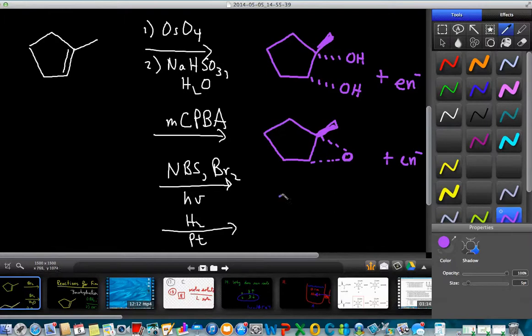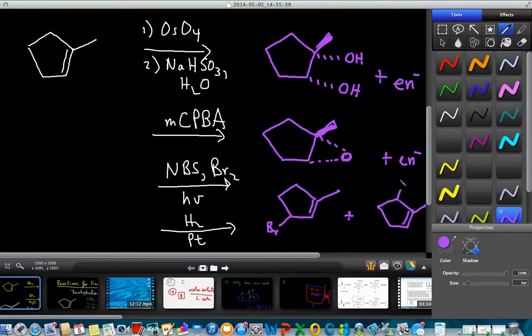With NBS, we will get allylic bromination, and we will get two distinct products because there are two non-equivalent allylic positions. And finally, with hydrogenation, you're just going to convert the carbon-carbon double bond to a carbon-carbon single bond. And remember, the H2 adds syn as well.